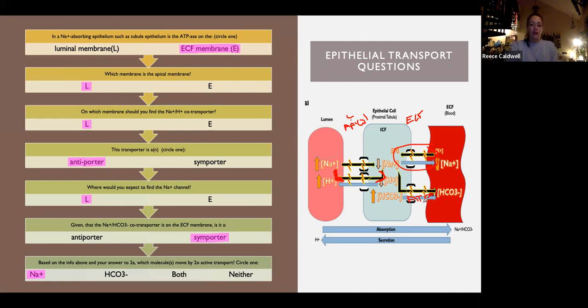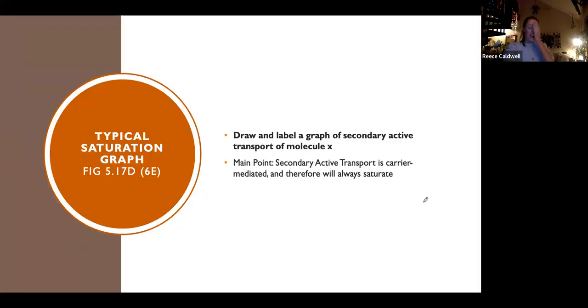All right, awesome. So last things last, there is one more question on this discussion, and you are being asked to draw and label a graph of secondary active transport of molecule X. Dr. Cheng did not include this in the key because what we did in the previous examples explains it to a T. So don't worry about this one.